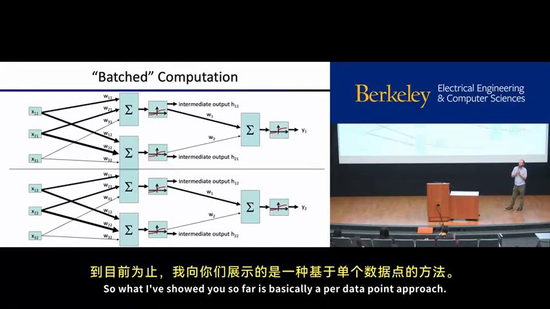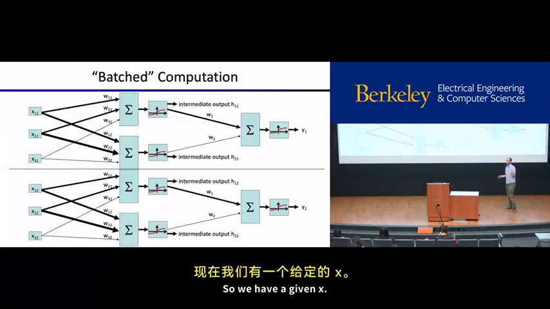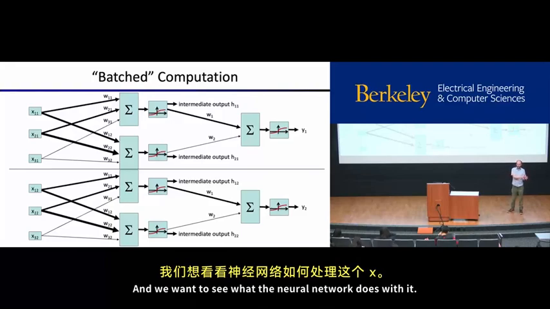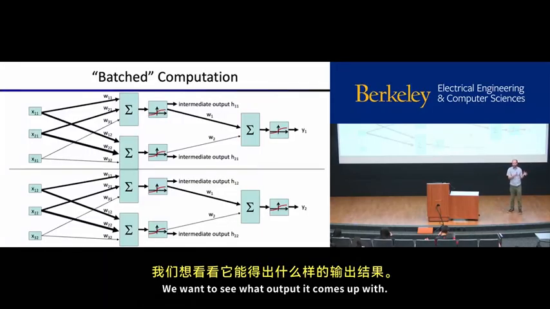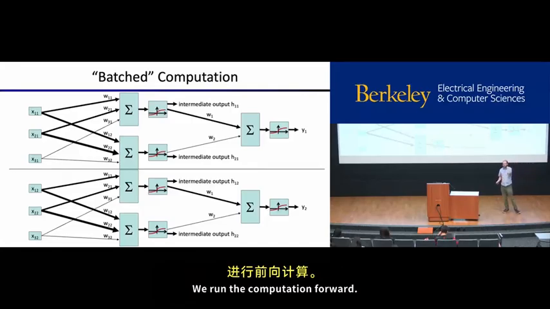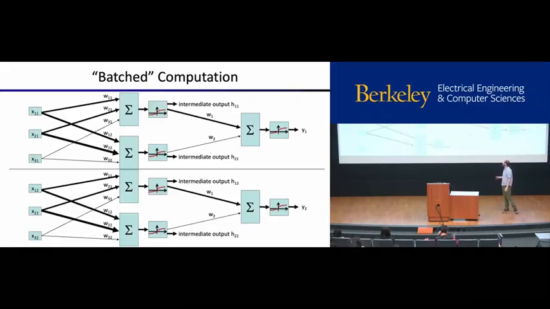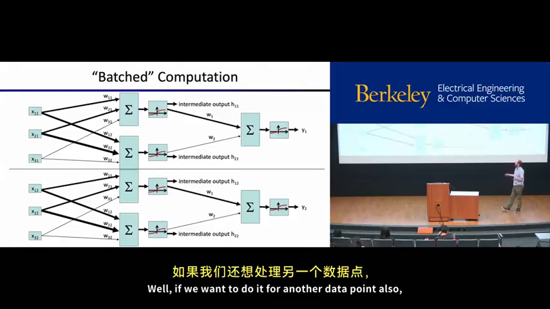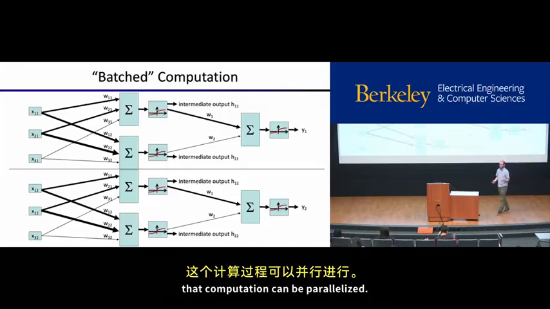What I've shown you so far is basically a per data point approach. We have a given X and we want to see what output the neural network comes up with. We take that single X, run the computation forward, and get a single Y. If we want to do it for another data point, that computation can be parallelized.